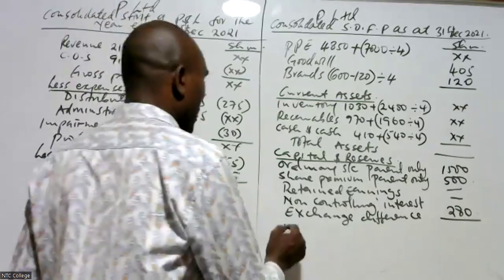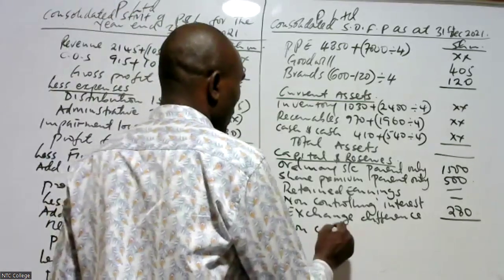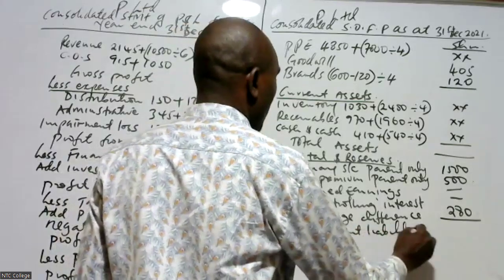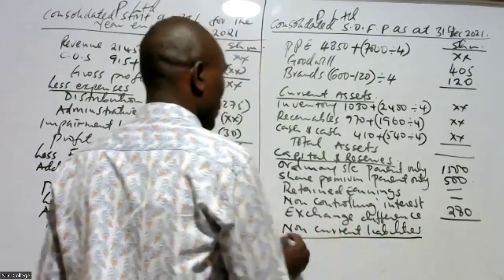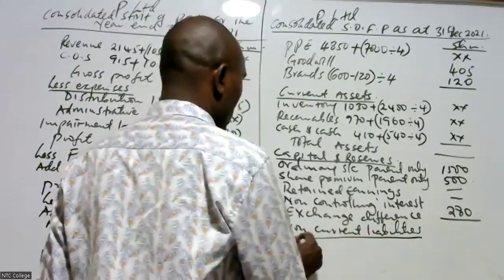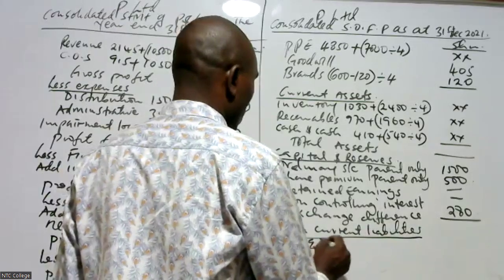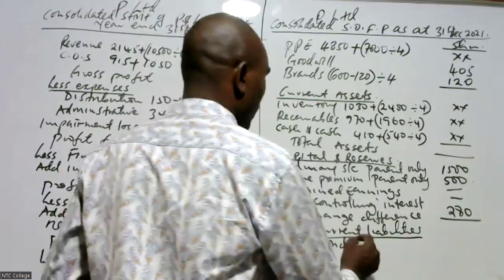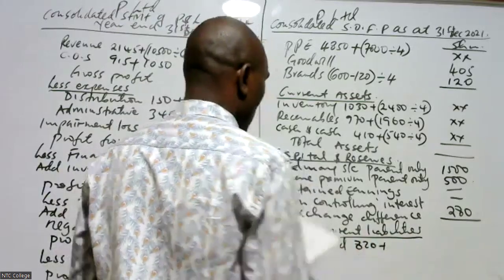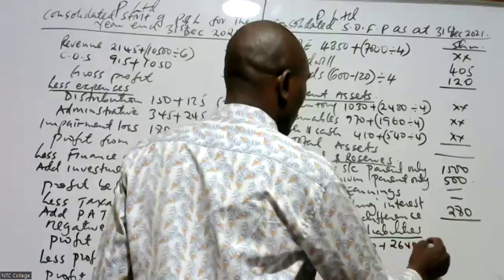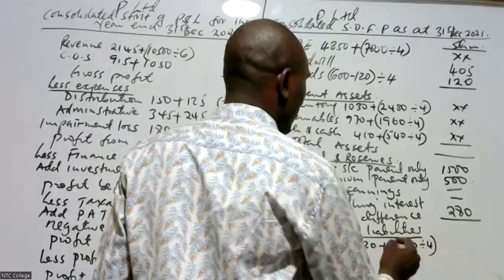Then we come to non-current liabilities. Under non-current liabilities, 10% bond, 820 plus 2640 divided by 4.